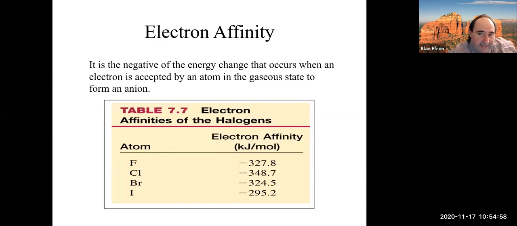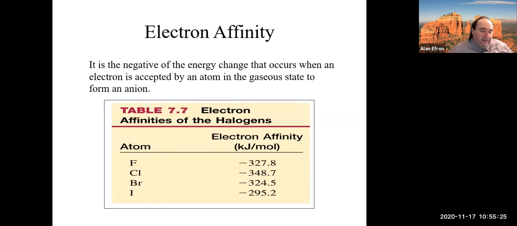Electron affinity is another trend that we sometimes talk about. Electron affinity is different than electronegativity. So there is a difference between electron affinity and electronegativity. They're actually not the same thing. Electron affinity is the difference in energy that occurs when somebody gains an electron.